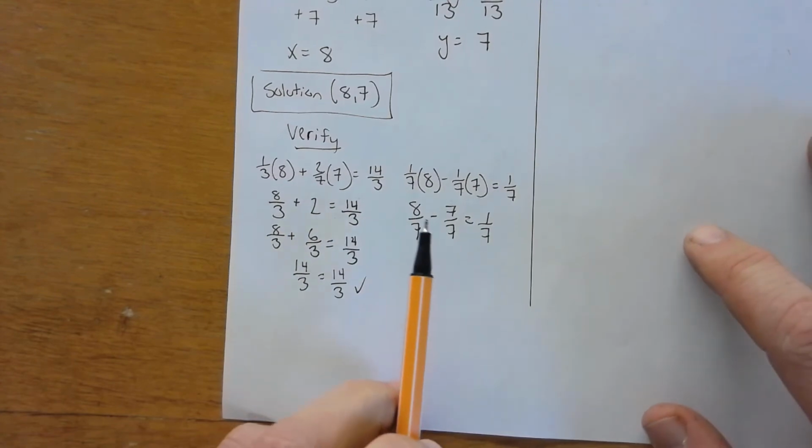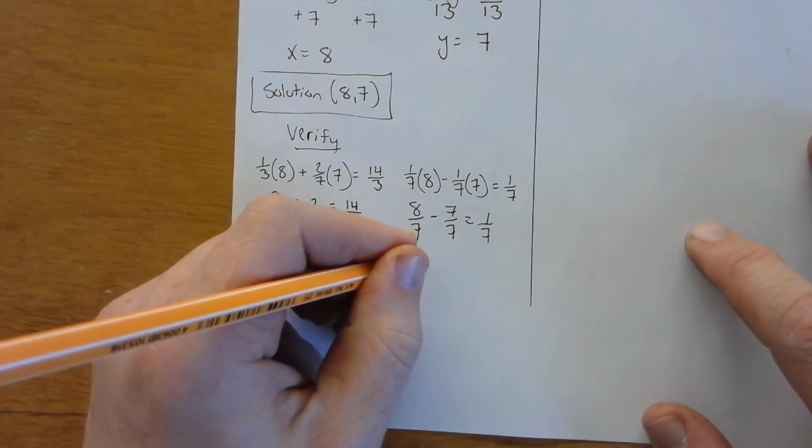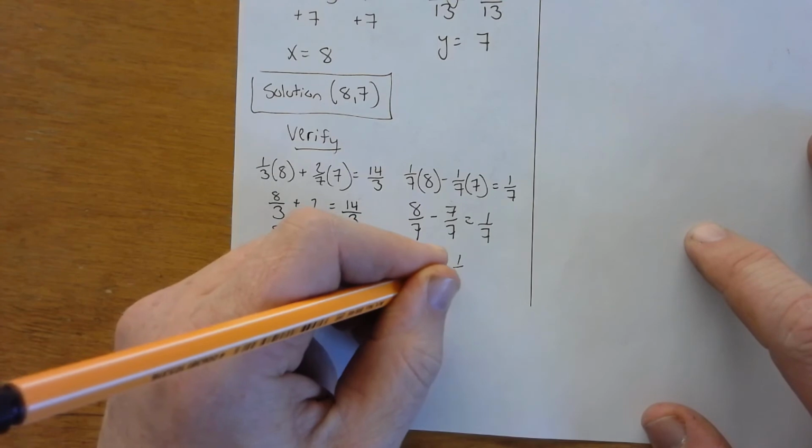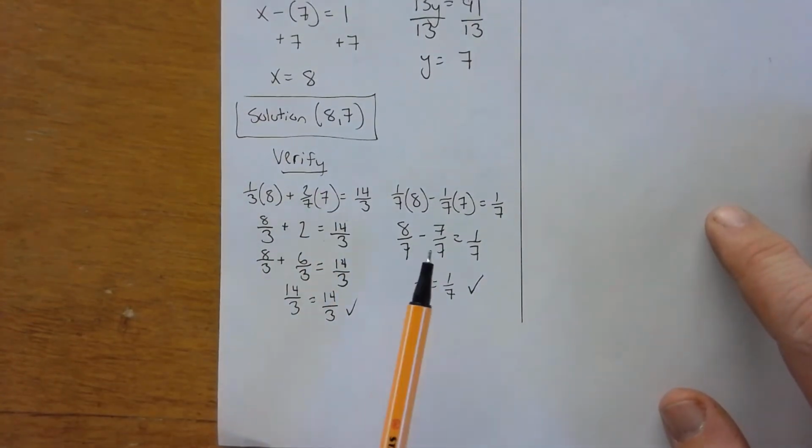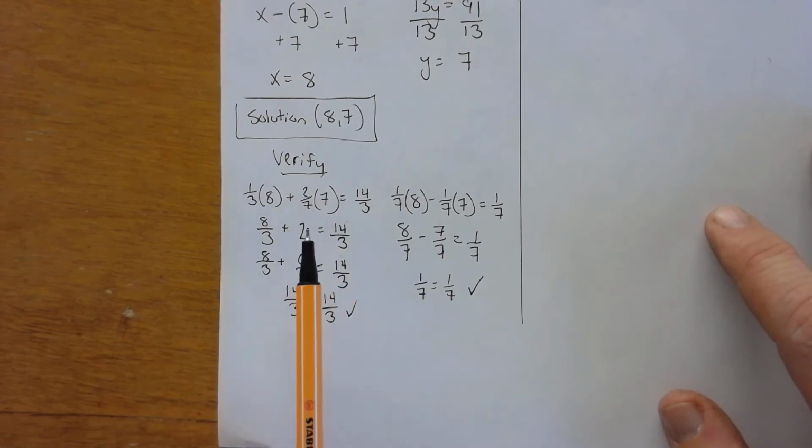So I have 8/7 subtract 7/7, and that is 1/7 equals 1/7. So my solution of (8, 7) works for both of the original equations.